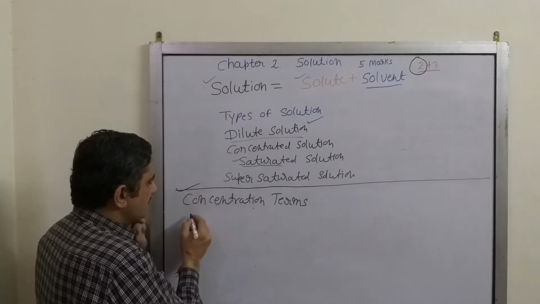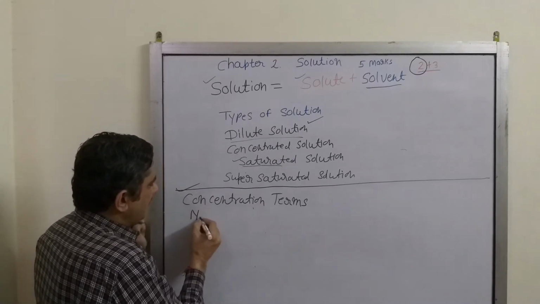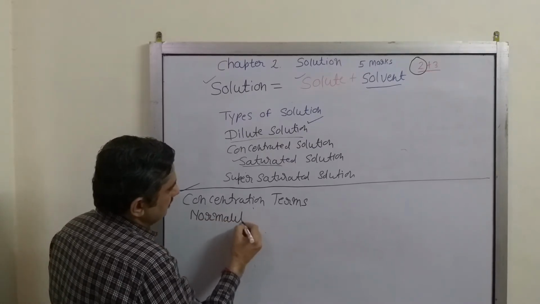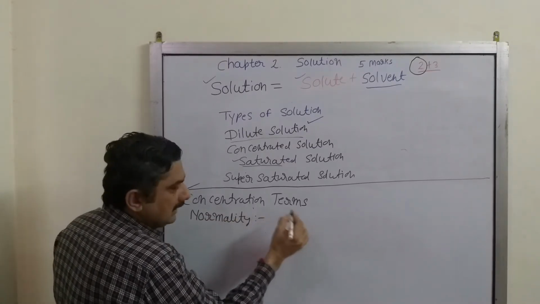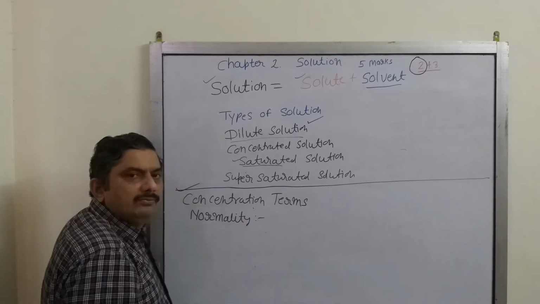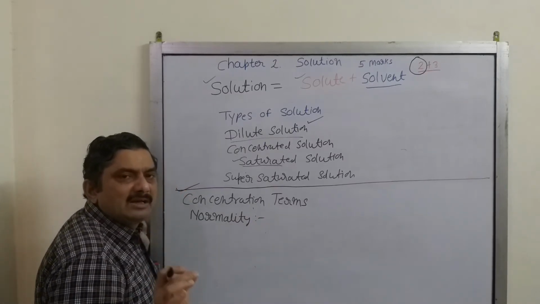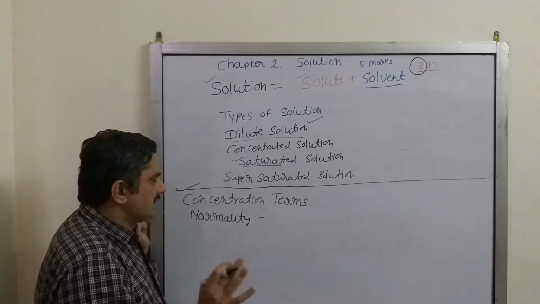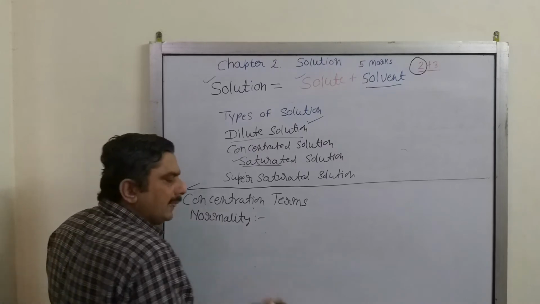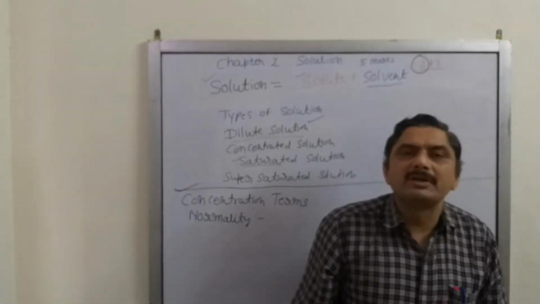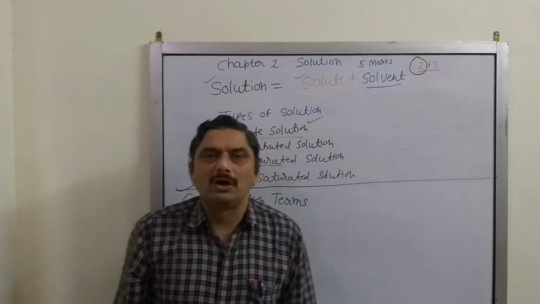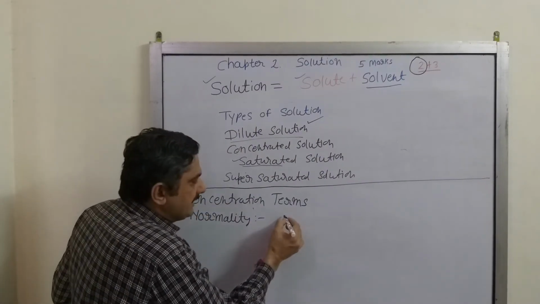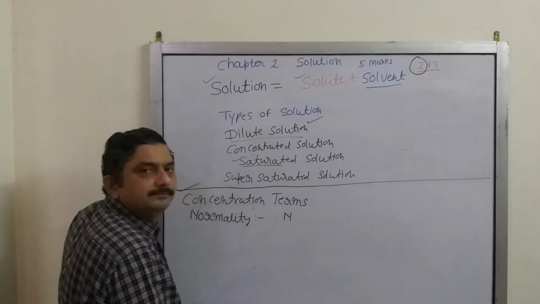So for concentration terms, at first we define normality. Number of gram equivalents of solute dissolved per liter of solution is called normality. It is denoted by capital N.